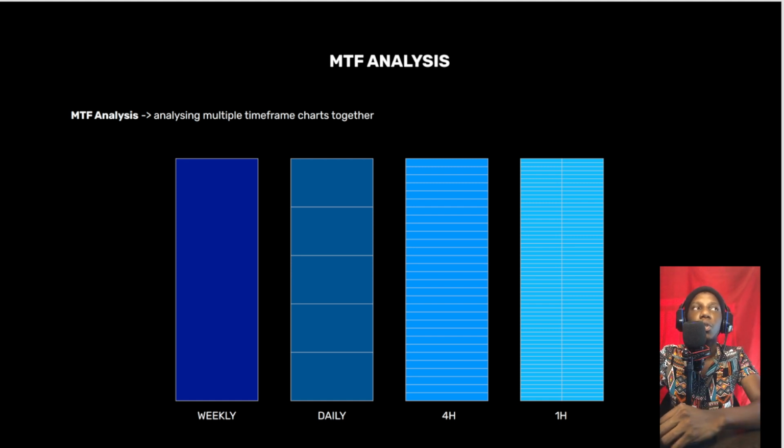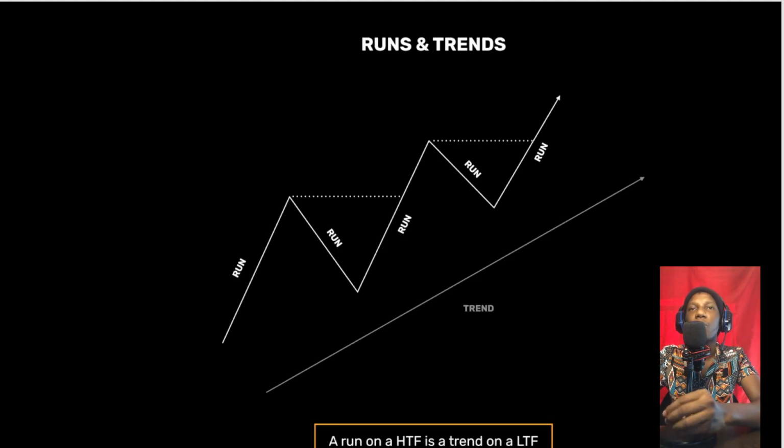So now the next step of what we need to understand is that the market moves in runs. Okay, you will see that the market is in a higher time frame trend. Then it means that there is a run in that upward trend, then a run to the downward movement, and then a run to the upward movement, and a run to the downward movement, and a run to the upward movement, and it still continues until there is something that happens, which I'm gonna explain to you soon.